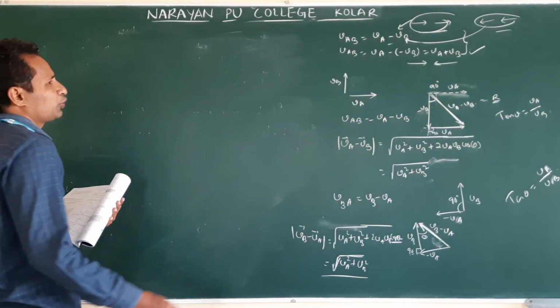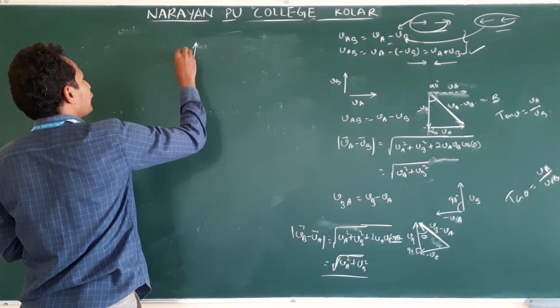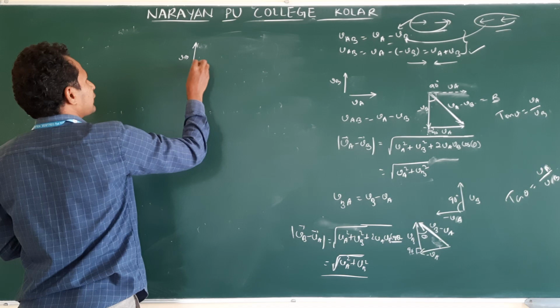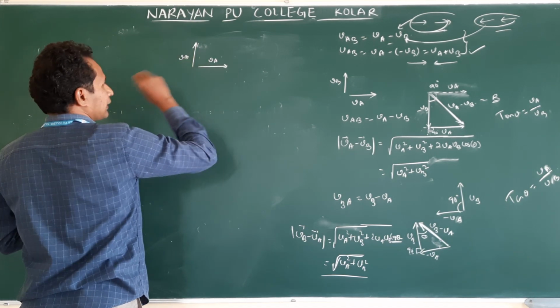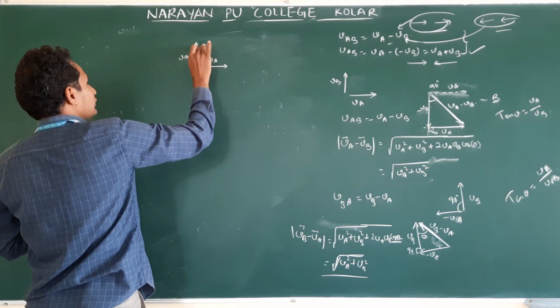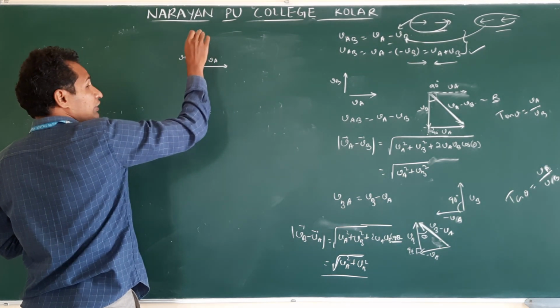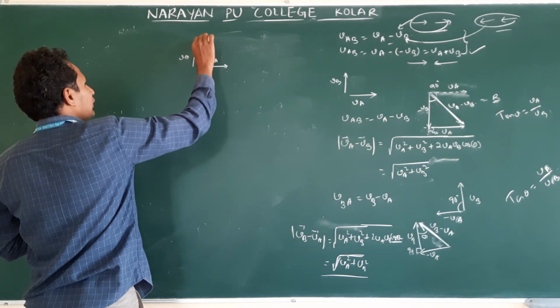Okay, in vector form, how do we solve this? First vector is acting in which direction? This is VB acting vertically up. Next VA acting horizontal. So the vertically up unit vector is what? J direction. Okay, what is the y direction? This is j cap. Am I correct or not?